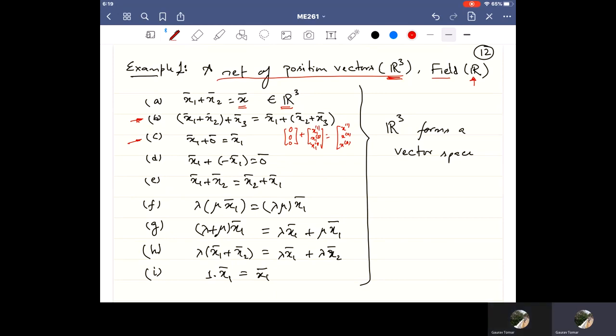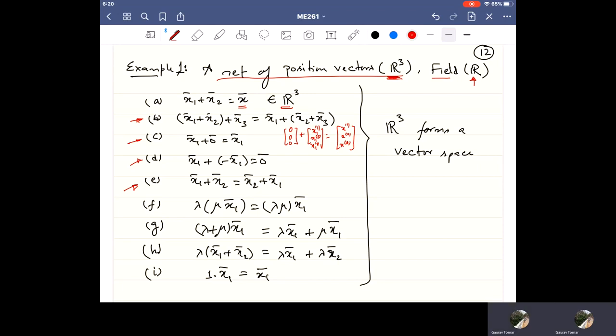Then there's an inverse element also. x1 plus minus x1 is 0. And x1 plus x2 is the same as x2 plus x1, right? So these 5 properties show that the elements of R cube satisfy the properties of an abelian group.